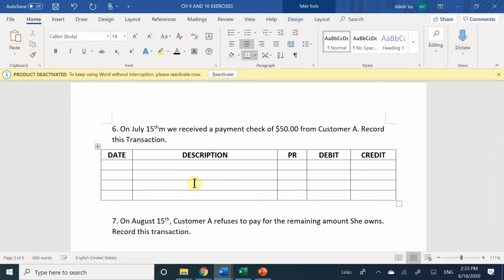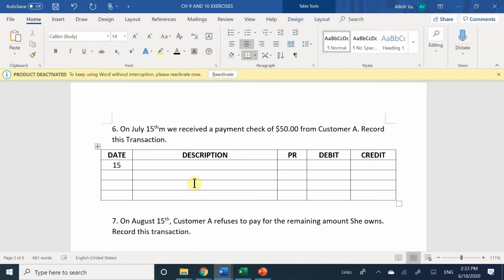Checking debit $50 and accounts payable credit $50. Well, do we owe the money? No, we received it, so it's accounts receivable for $50. Remember, we're not dealing with vendors, we're dealing with customers. So we're receiving the money.